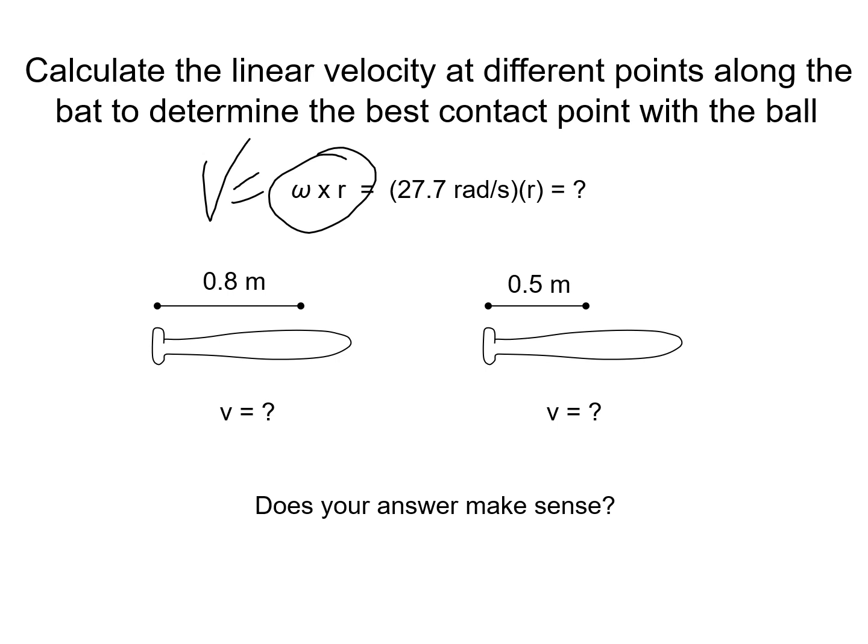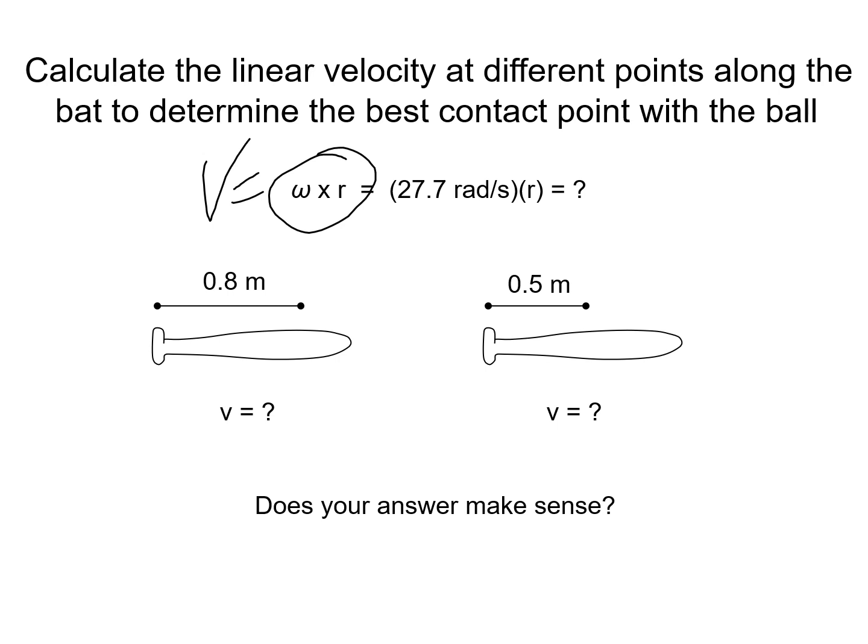So the radius of rotation is just as important as angular velocity, and depending on our magnitudes, it may be more important. Let's consider two different cases. We still say that the bat is rotating at 27.7 radians per second, but the ball is hit at different points on the bat. One, it's hit at 0.8 meters up the bat. The other, it's hit 0.5 meters up the bat.